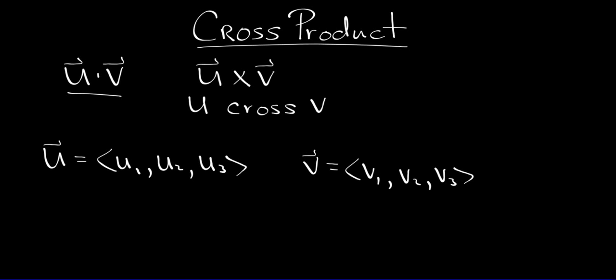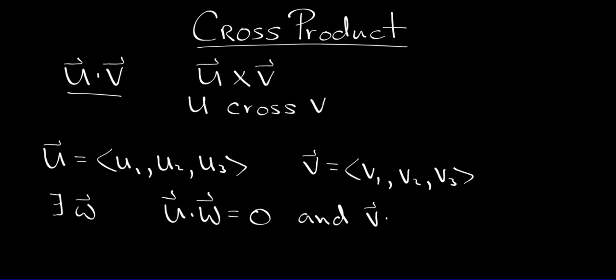I'm not saying these vectors are orthogonal to each other. I'm saying there exists a vector out there such that this is true. U dot W is equal to 0, and V dot W is equal to 0.